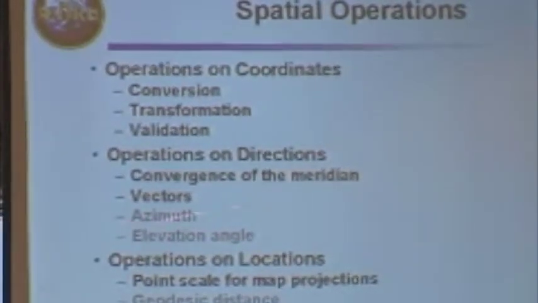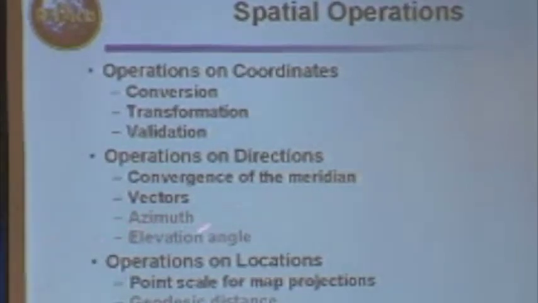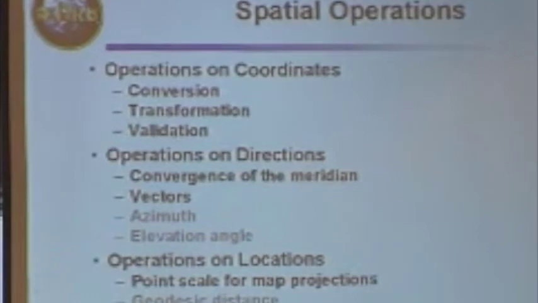The SRM is going to define the operations for azimuth and elevation, but they're grayed out because we don't have implementations for those yet. Similarly, point scale for map projections and geodesic distance are defined in the SRM, but geodesic distance is not implemented yet.